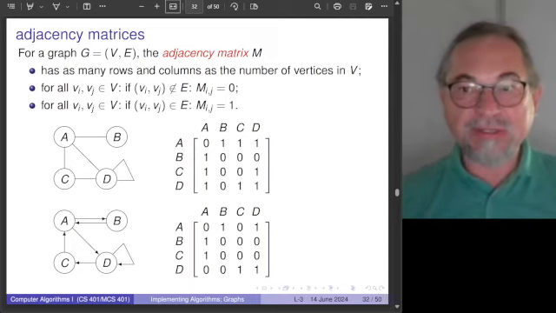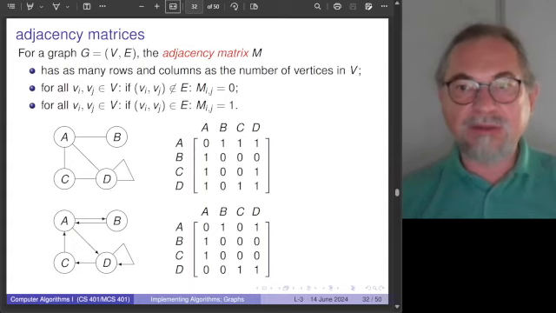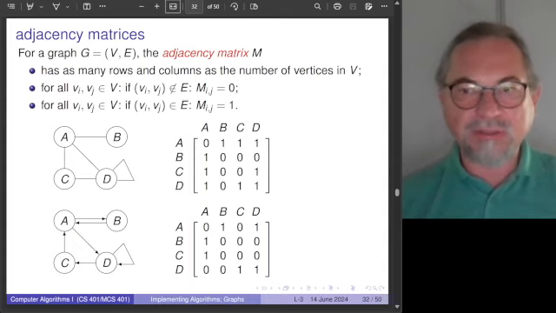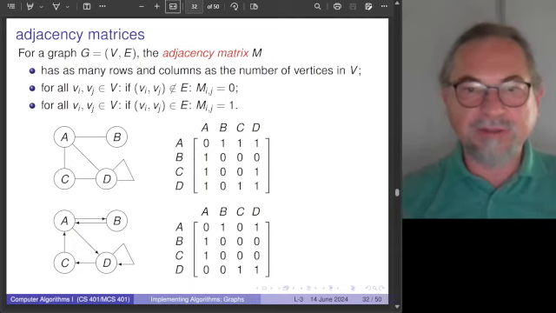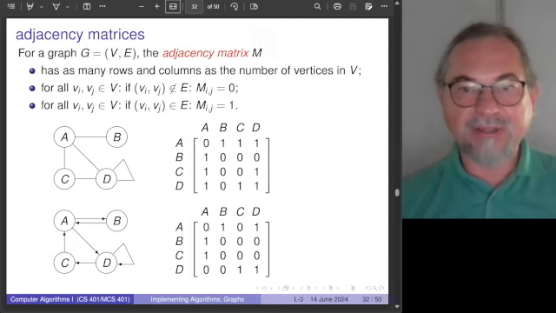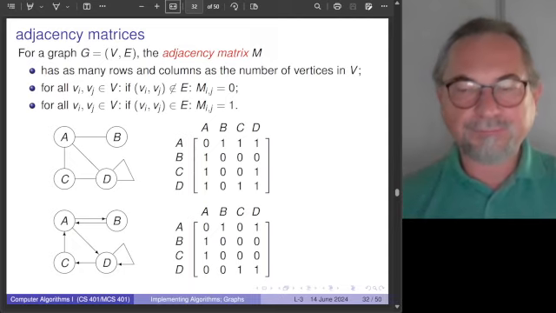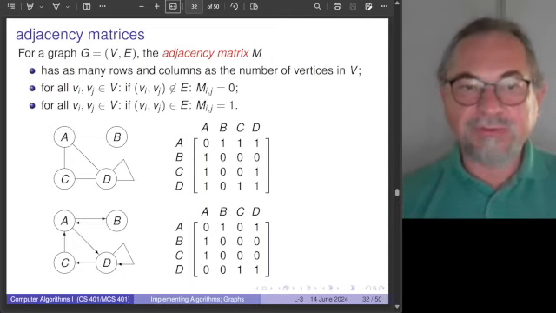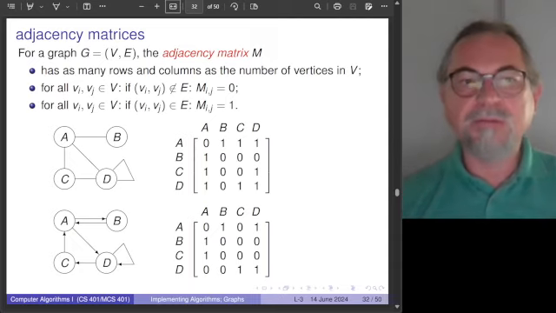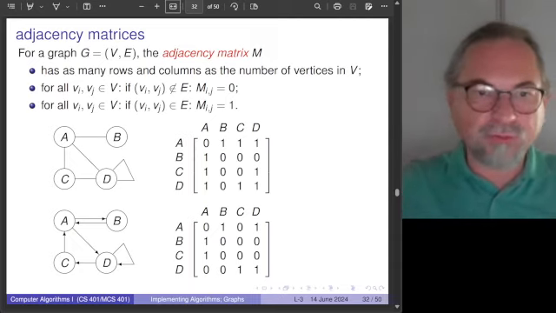An adjacency matrix is a matrix of zeros and ones. There is a zero at the ijth spot if there is no edge. If there is an edge, if there is a connection, then you have a one. So you see that on the fourth row and the fourth column there is a 1 because D is connected to itself.